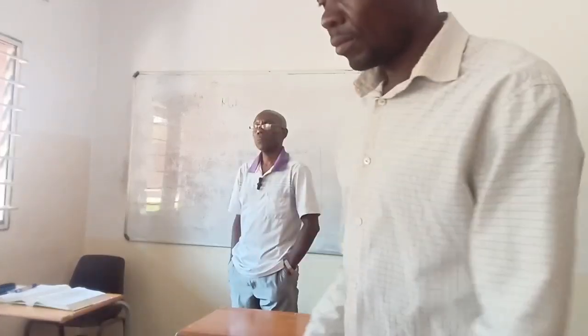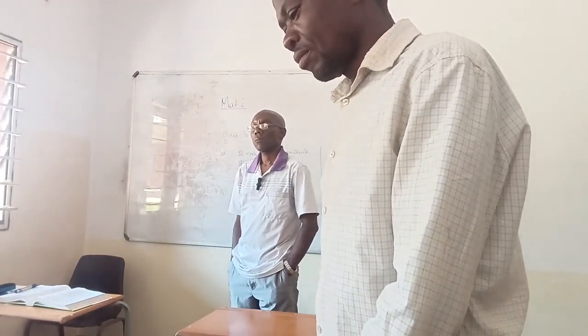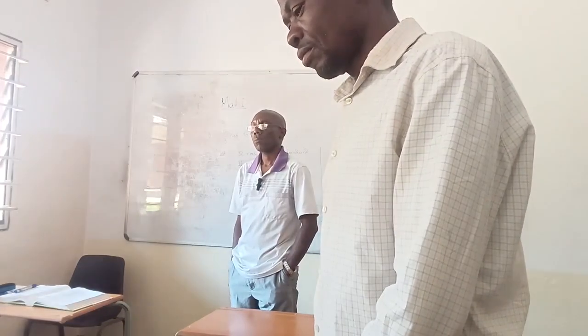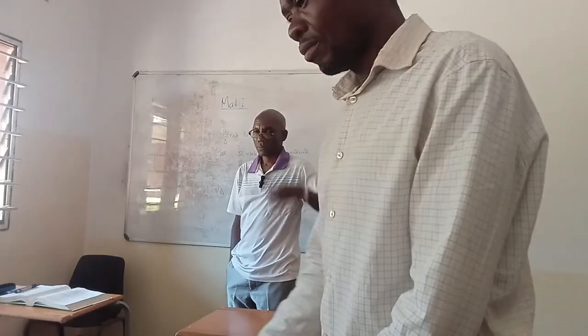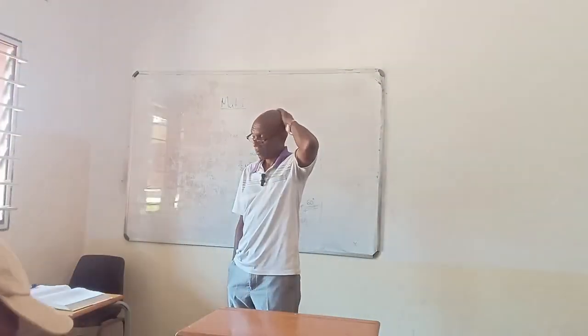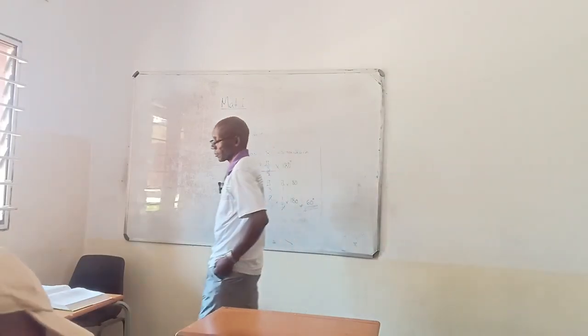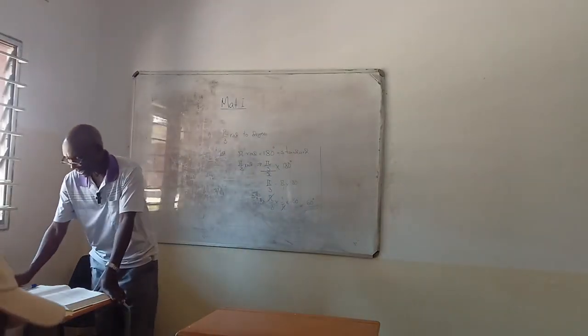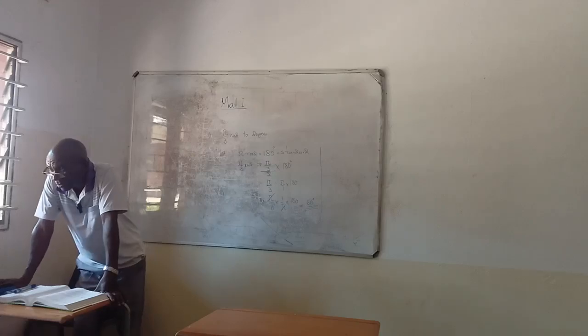All right. They are saying 30 degrees is pi over 6, right?